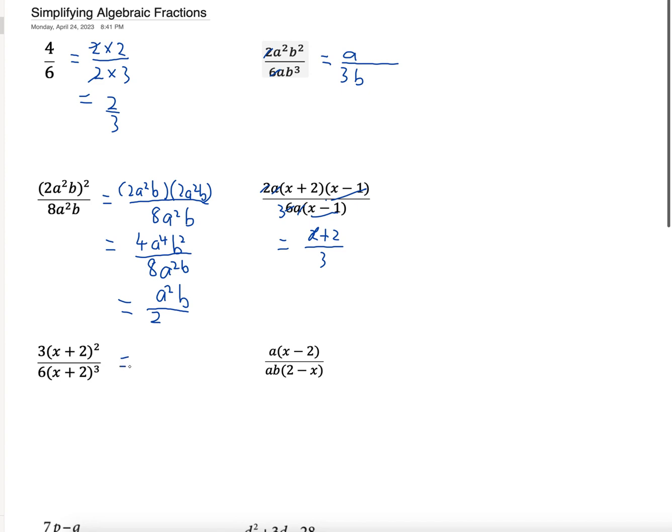Similarly, we have the factor 3 by 6, 3 over 6, which we can cancel to have 2 in the denominator. And here x plus 2 square cancelled by x plus 2 cube. X plus 2 cube is x plus 2 square times x plus 2, so 1 x plus 2 is left.